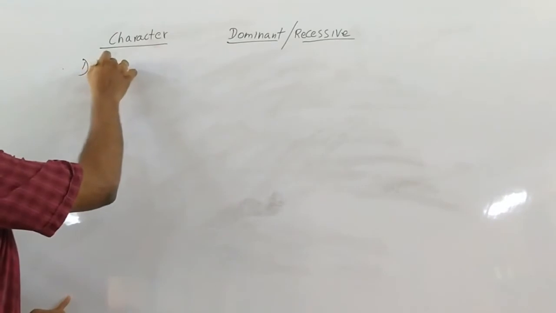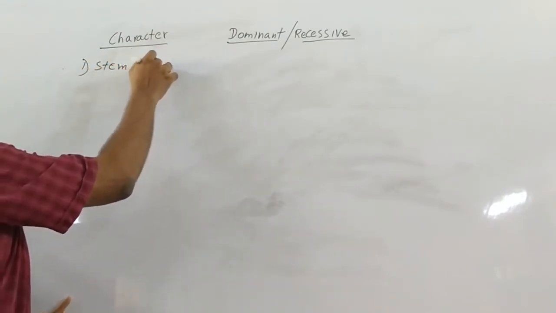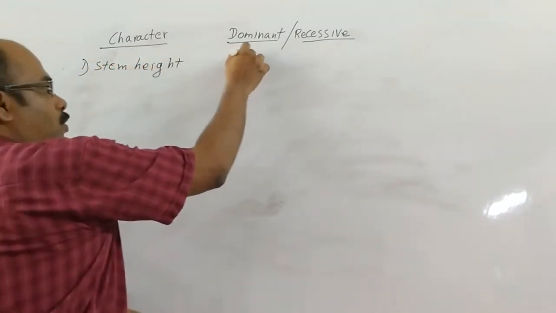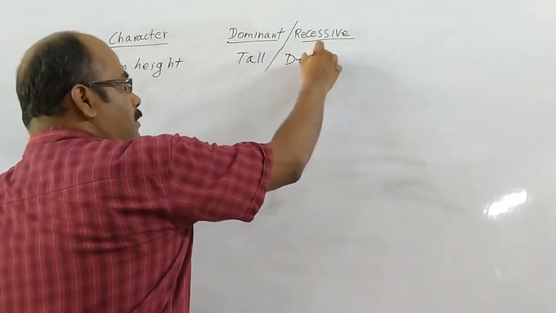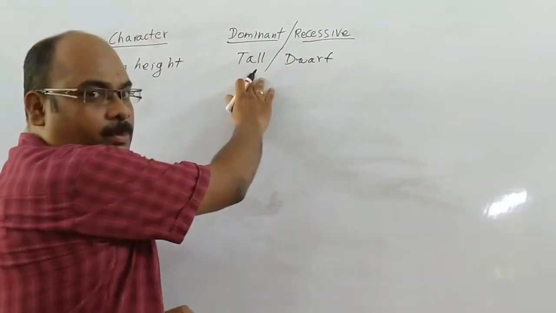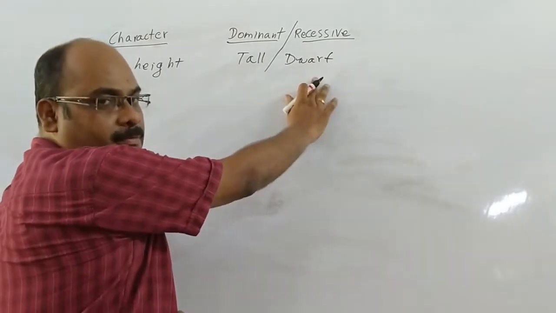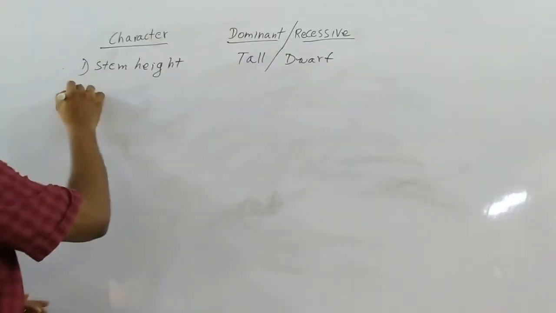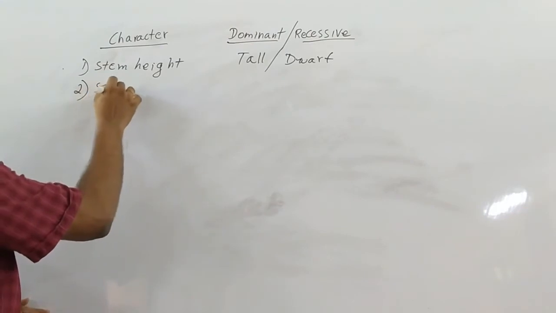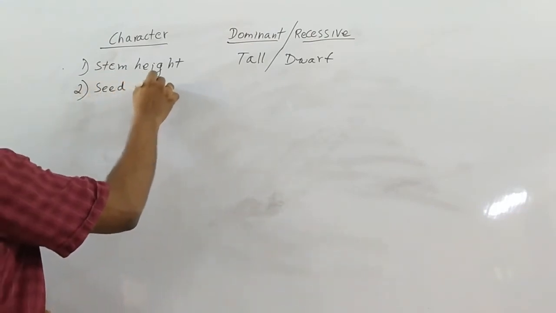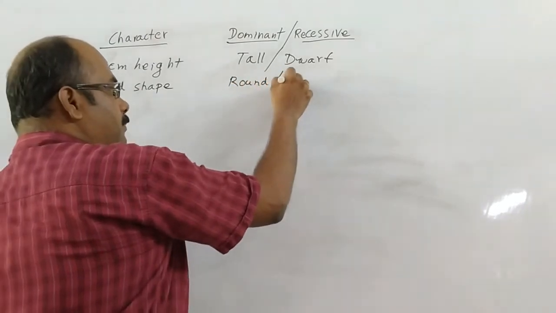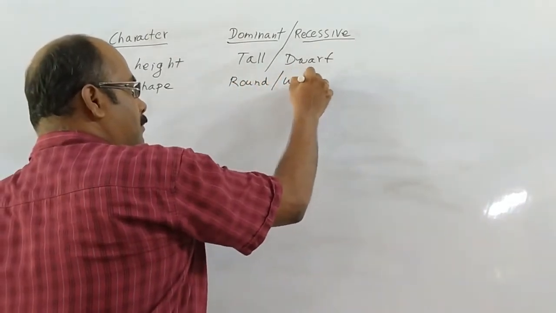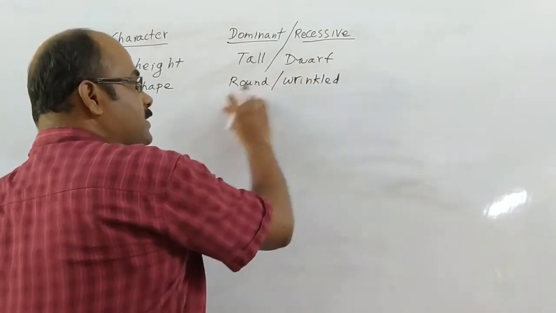The first one was stem height. The dominant one is tall and the recessive one is dwarf. Always write the dominant trait first, then the recessive trait. The second one is seed shape, round and wrinkled.